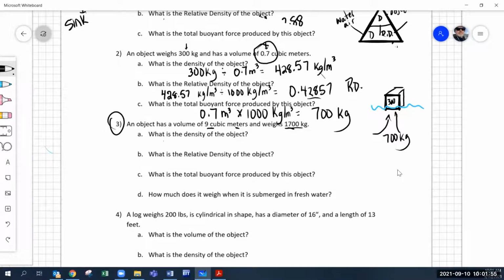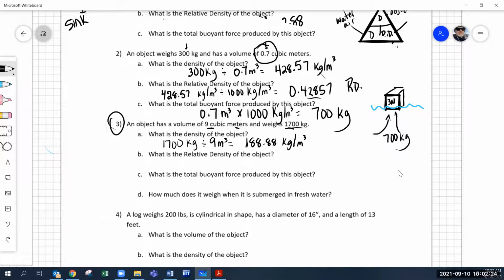Well, again, we take our mass and we divide our mass by the volume to get our density. And the density for this object is 188.8 kilograms per cubic meter.